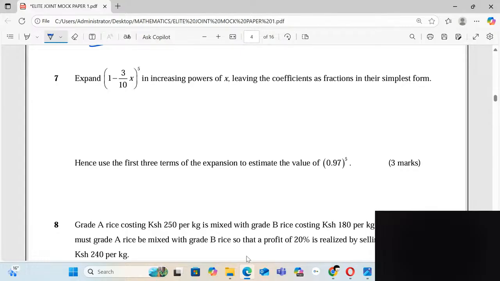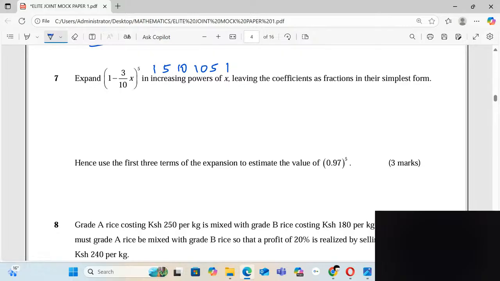As you can see, the coefficients for power 5 are 1, then 5, then 10, then 10, 5, then 1.